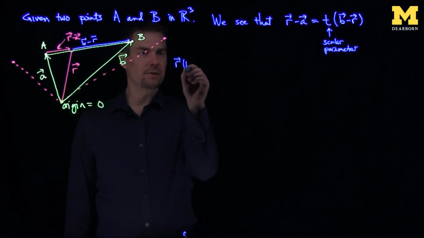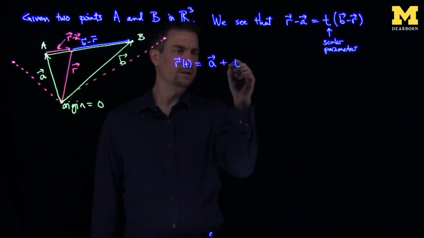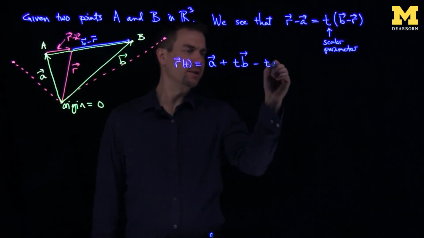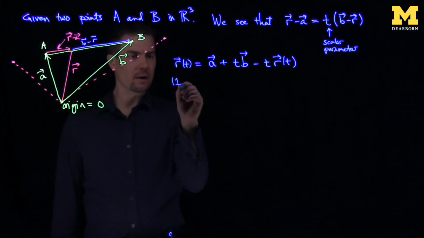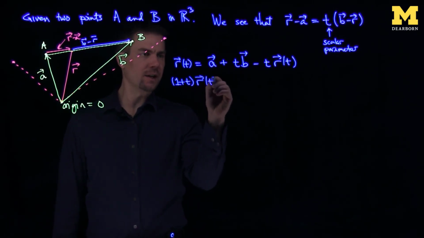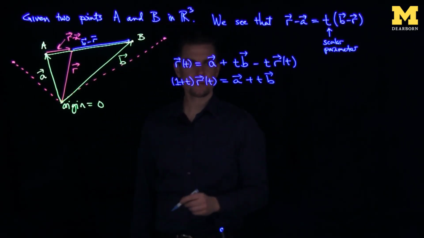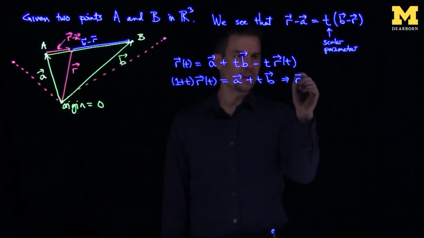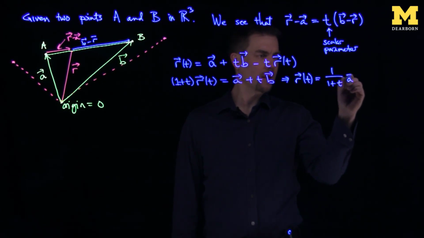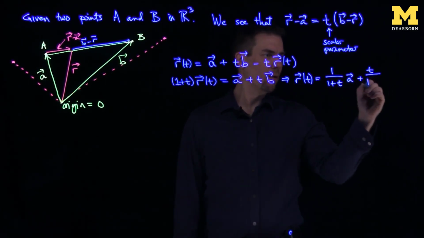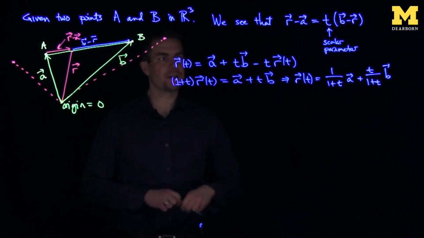So R is a function of T, and this will be A plus T B minus T R of T. And this tells me that 1 plus T times R of T is equal to A plus T B. Solving for R of T, we have R of T is equal to 1 over 1 plus T A plus T over 1 plus T B. So we can write the equation of a line in this form.